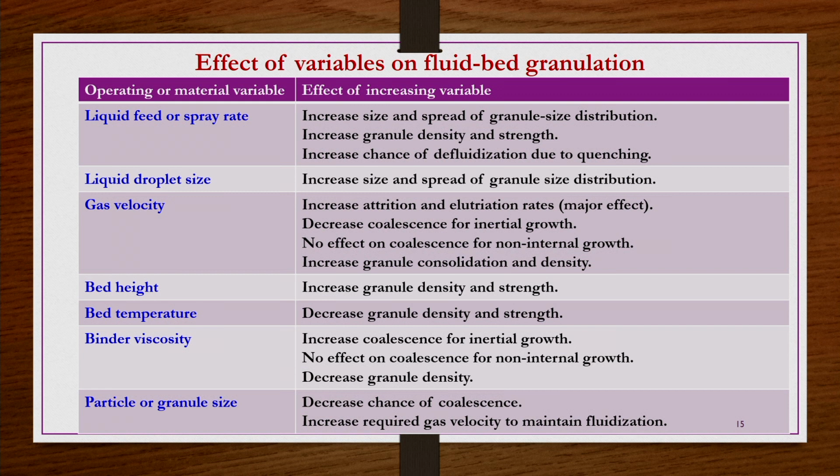Then liquid droplet size. When you are spraying the liquids required for granulation, they form droplets. The size of the droplet depends on the nozzle opening of the sprayer or atomization that we use for the spraying, and then the rheology, especially the viscosity of the liquid.